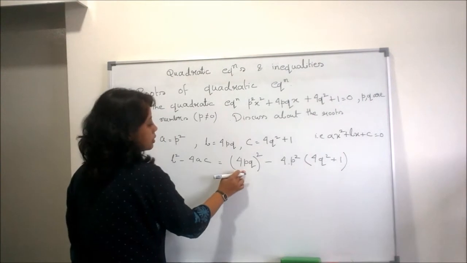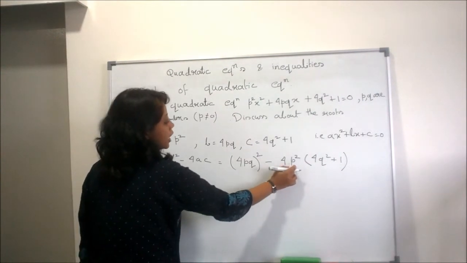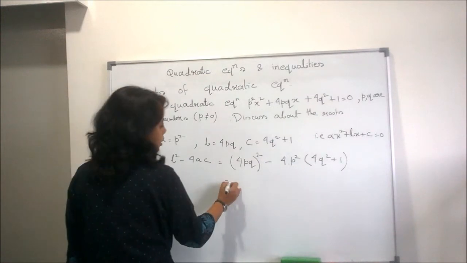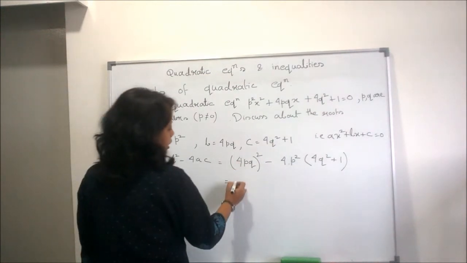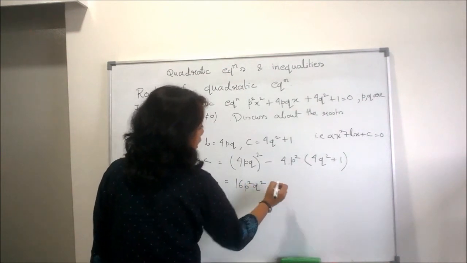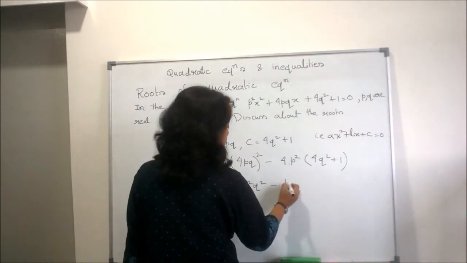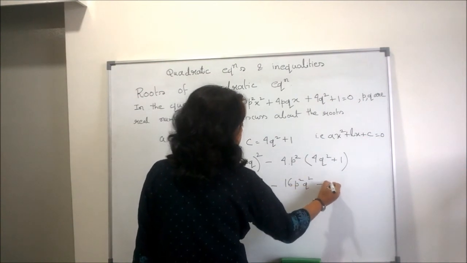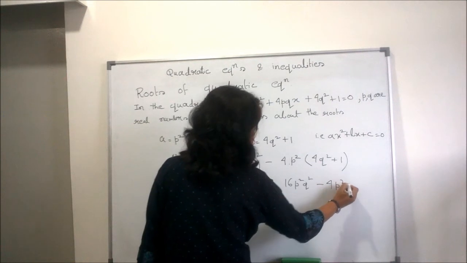So that is b square minus 4ac. Okay, so let's simplify it first. So that is 16 p square q square minus 16 p square q square minus 4 p square.